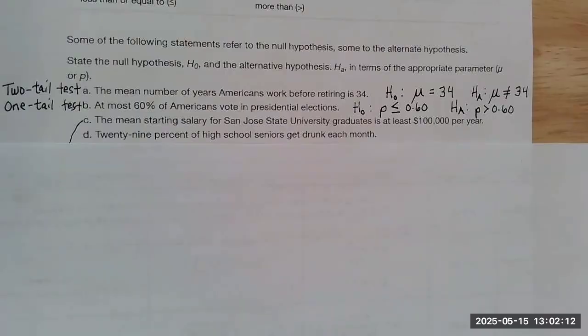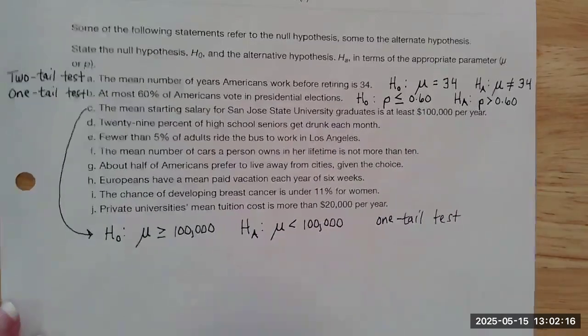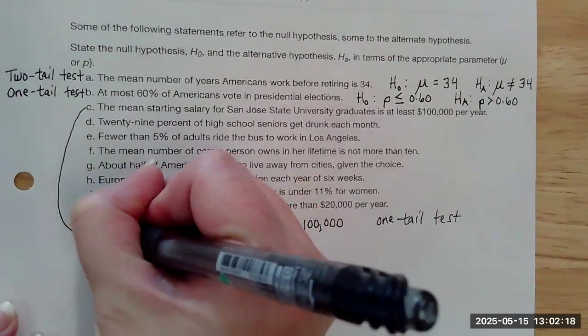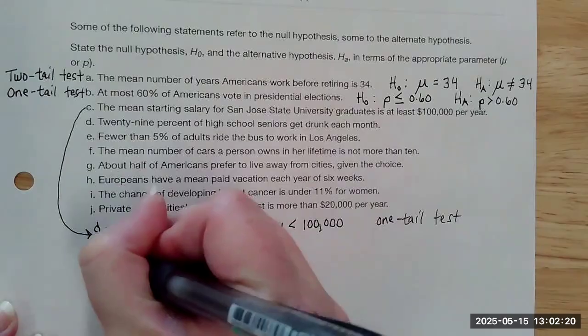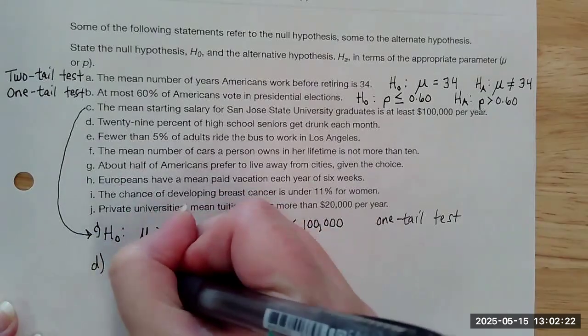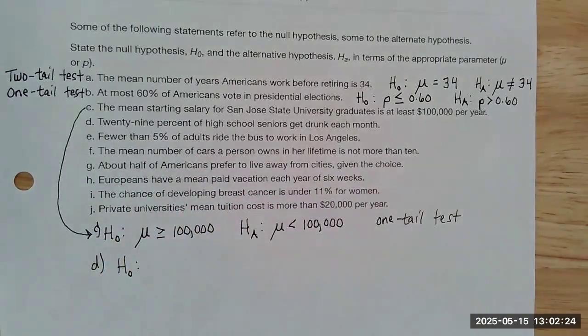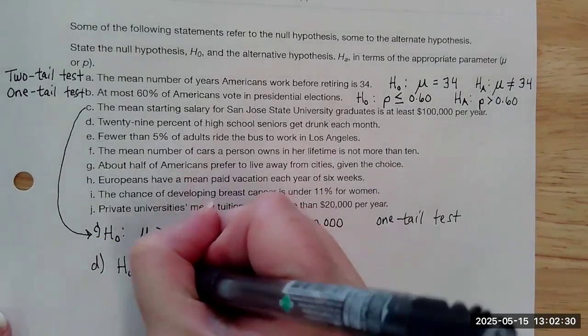So 29% of high school seniors get drunk each month. Wait, this one was C, this one's D. It's a percent. So we're not talking about a mean, we're talking about a proportion. So you're going to use a P.